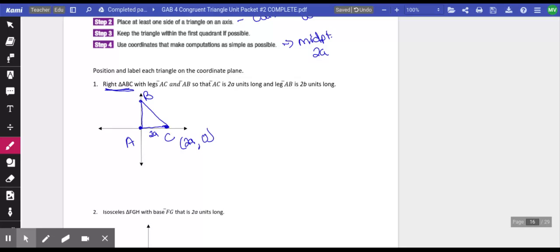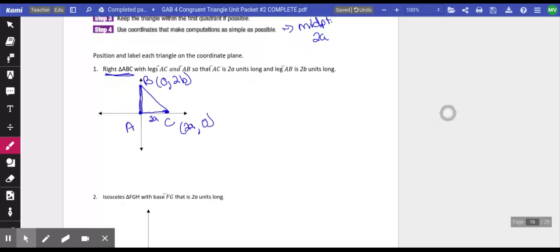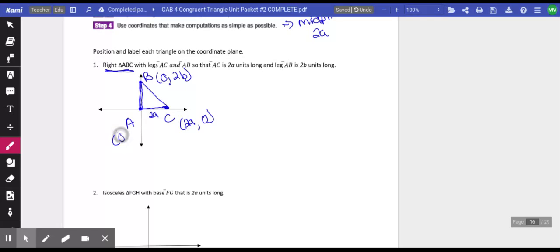And leg AB is 2b units long. Well, this is going up the y-axis. So the x-coordinate is 0, and the y-coordinate is 2b, so that when I do the distance formula, there I go. I placed it on the axes. And I labeled it. I forgot to label that A is at the origin.